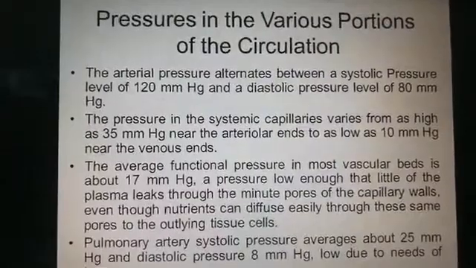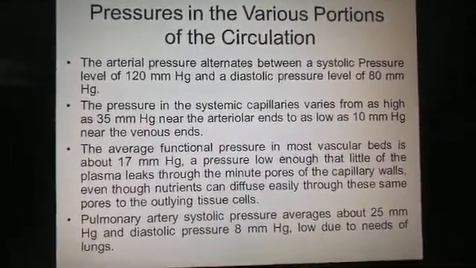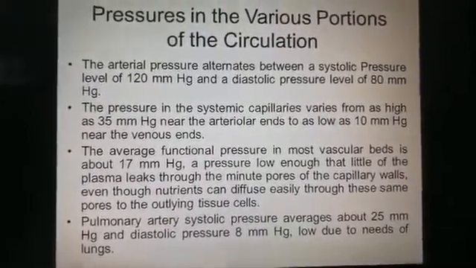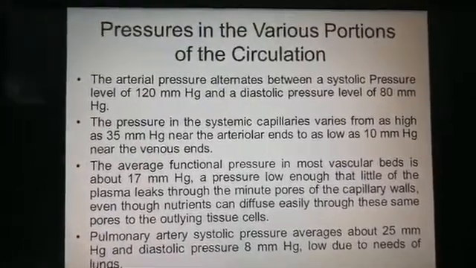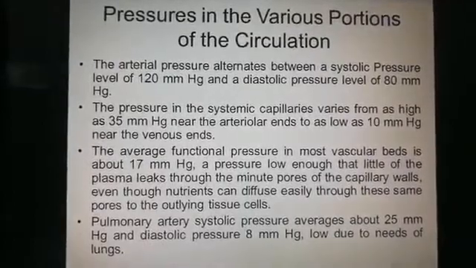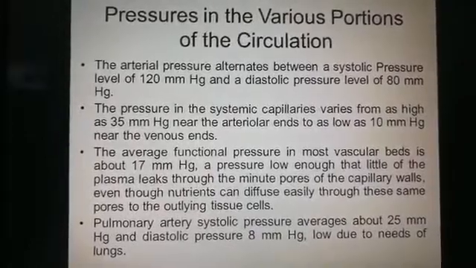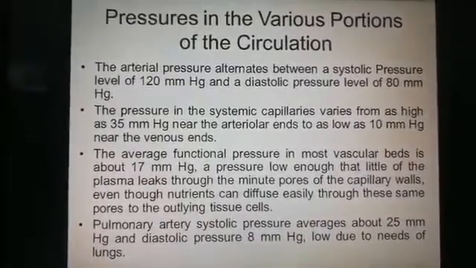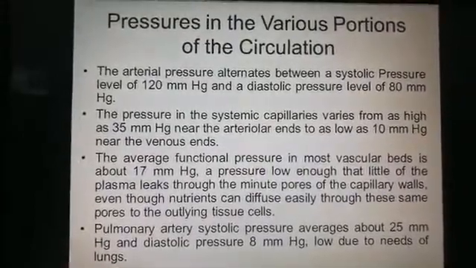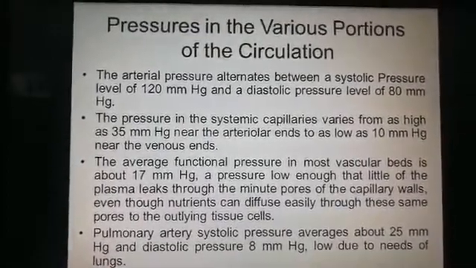And pressure in various portions of the circulation: the systolic pressure is 120 millimeter of mercury and diastolic pressure is 80 millimeter of mercury. You know it already. The pressure in the systemic capillaries is 35 millimeter of mercury at the arteriolar end, and at the venular end of the capillaries the pressure is 10 millimeter of mercury.